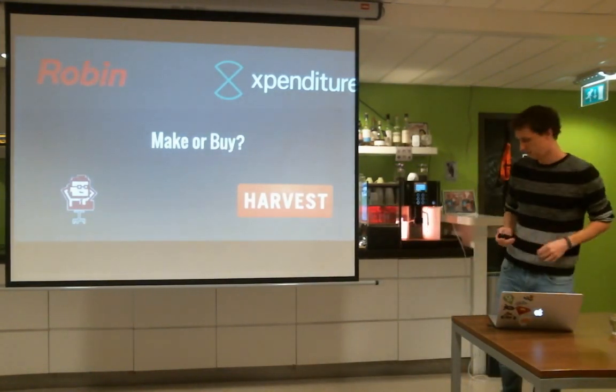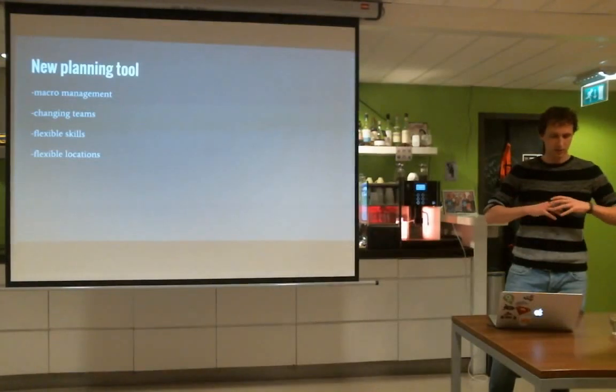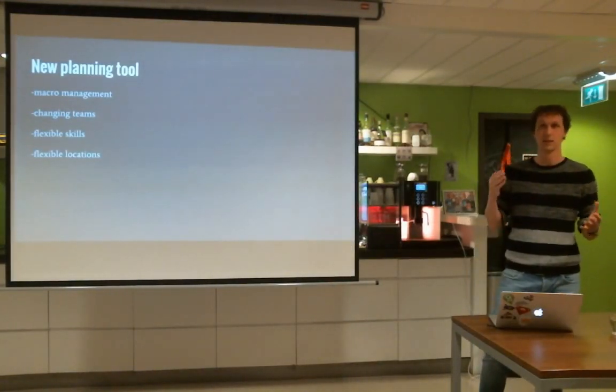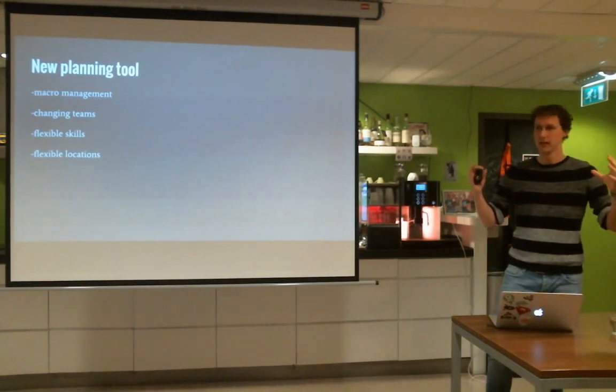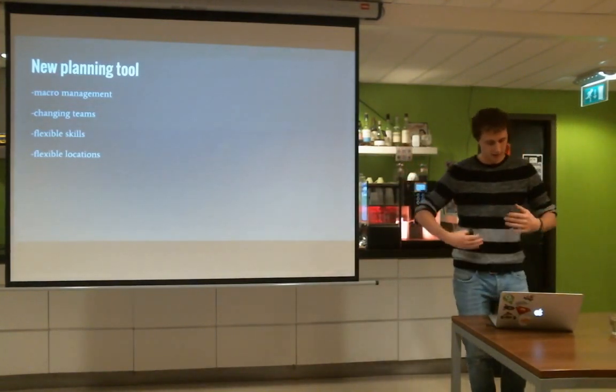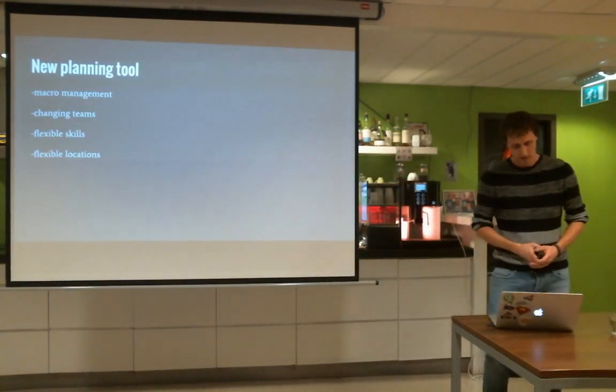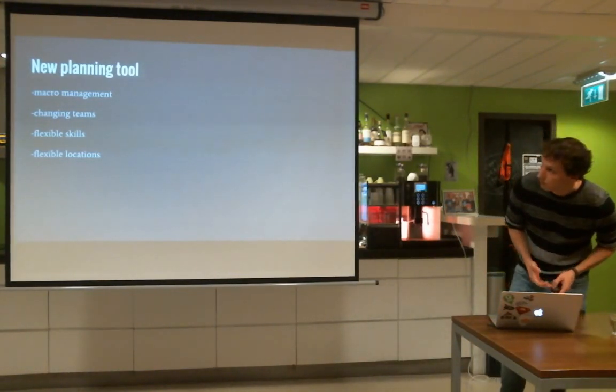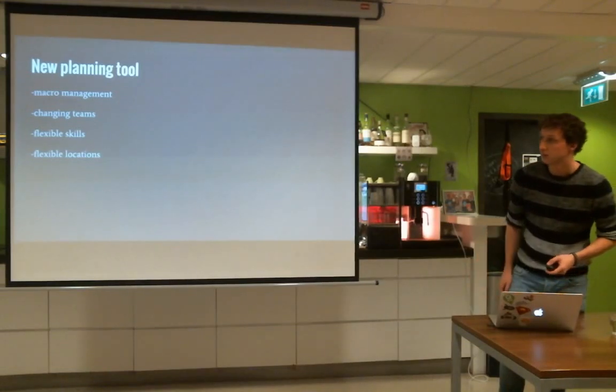Anyway, more tools. So, the new planning tool. What we need is a tool that does micromanagement. So, not really big macros over the weeks, and not for every colleague, but parts of the days.